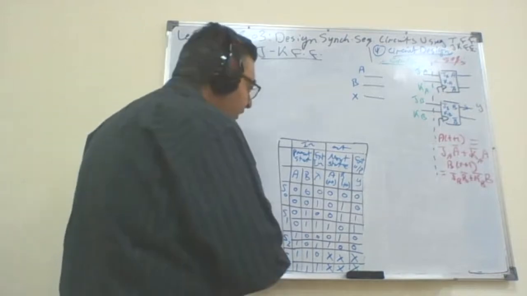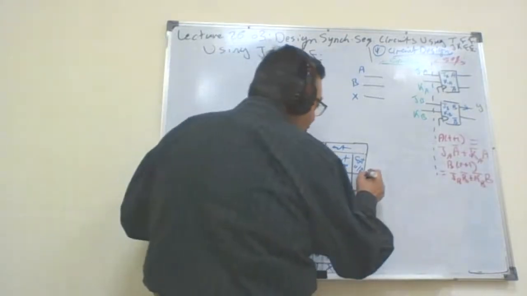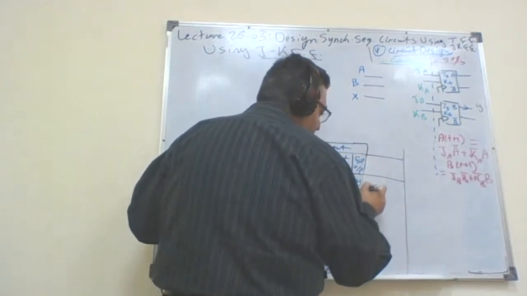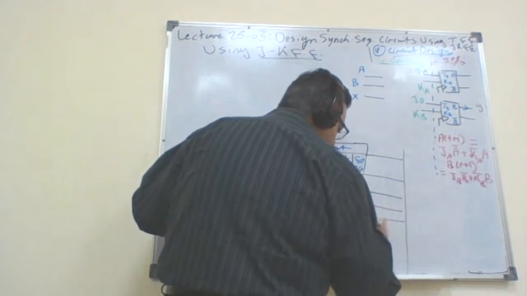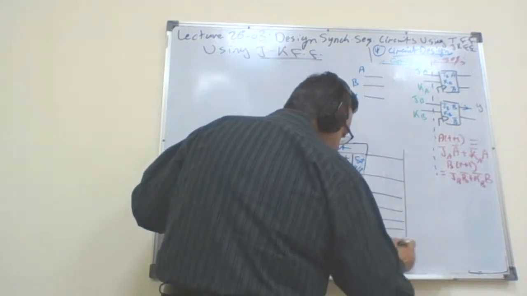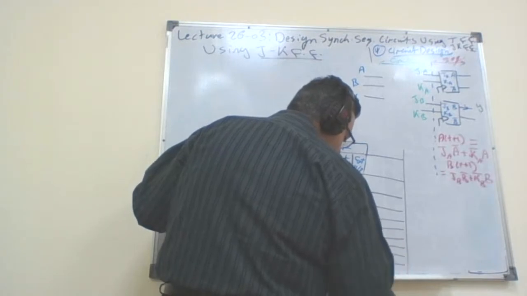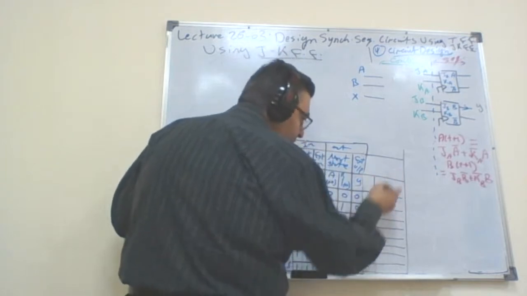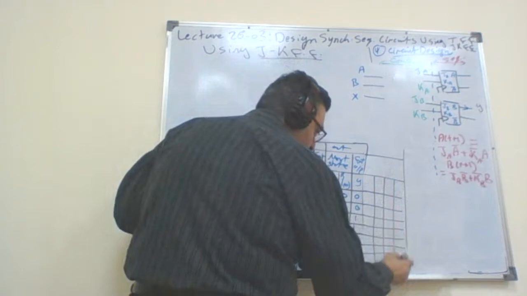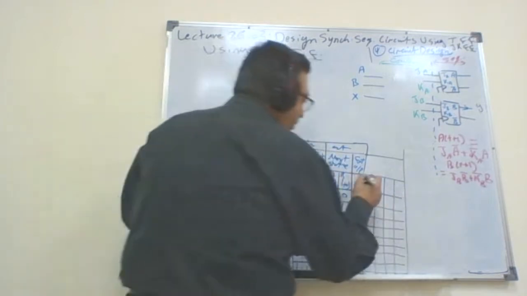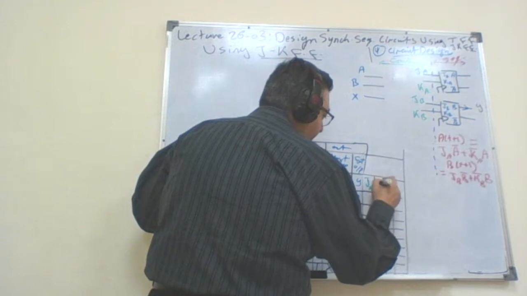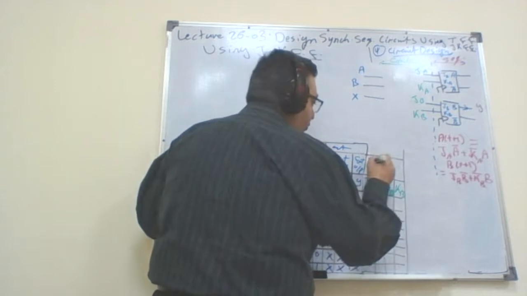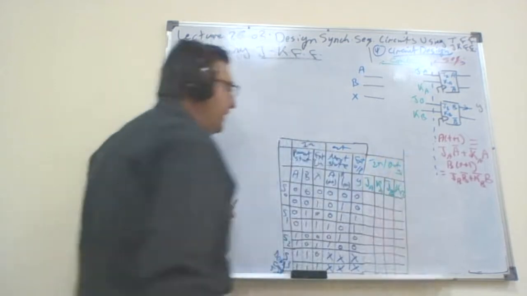Those 4 new columns represent a new set of intermediate outputs: JA, KA, JB, and KB. New set of in-outs.